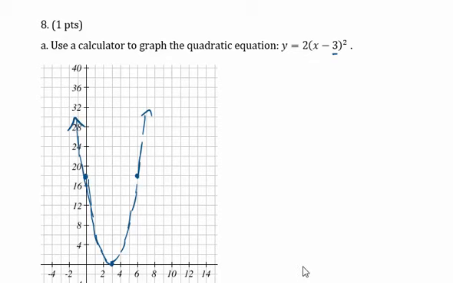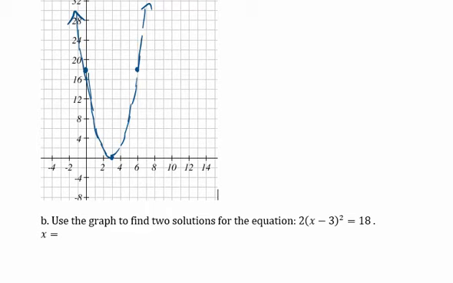Okay, B, it says use the graph to find two solutions for the equation 2 times x minus 3 squared is equal to 18. You could think about this as y equals 18, right?